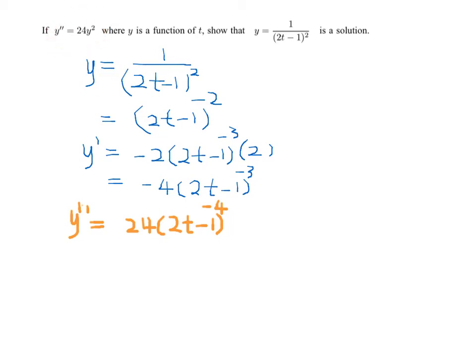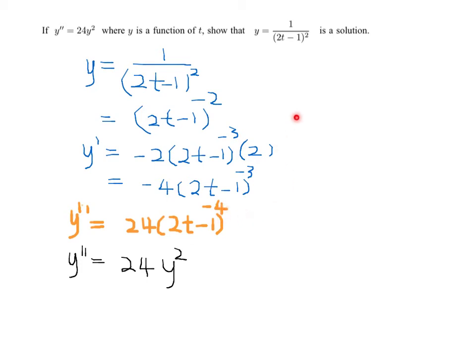Let me write them side by side, and you should be able to know what to do if you try to compare them. Note carefully that here's a 24, just nice, so you don't have to do anything, so leave that. On the left is y double prime. Yes, we have y squared, but your differentiation is leaving you with 2t minus 1 to the power of negative 4.